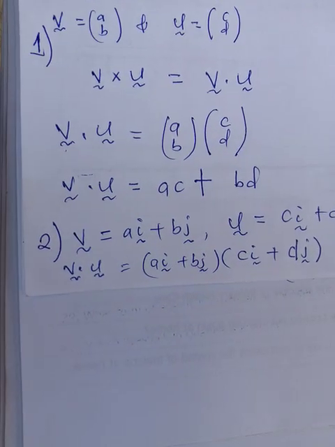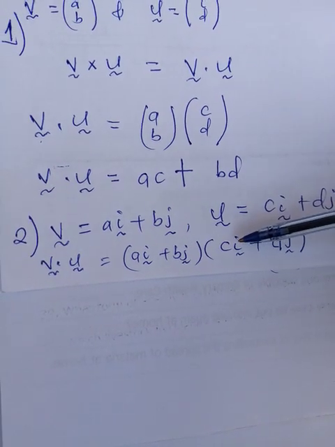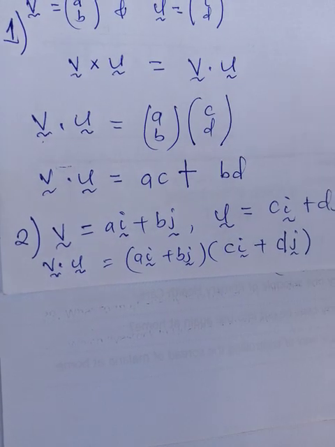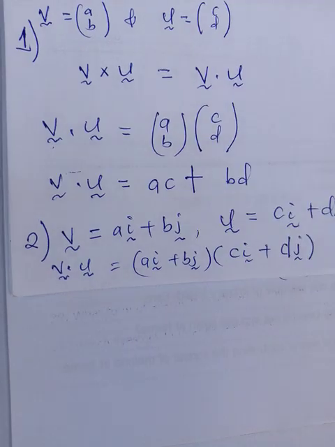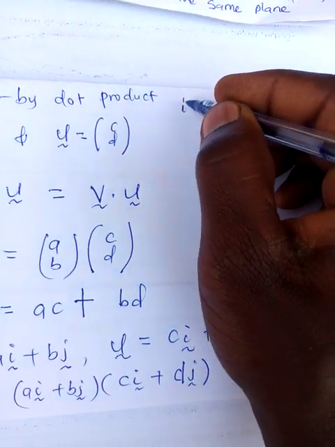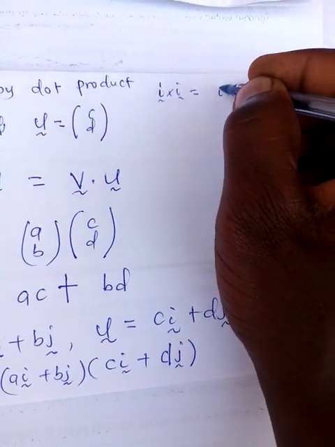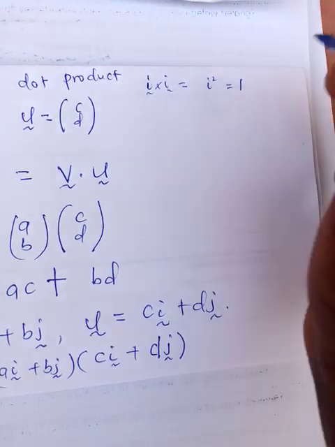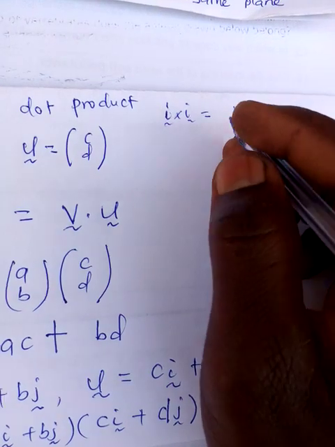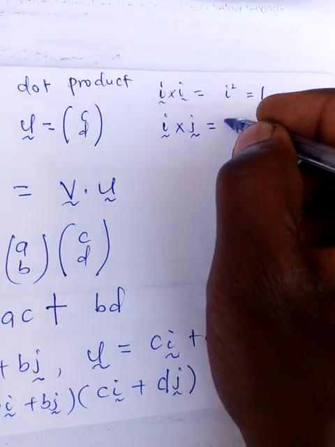What happens here is that I multiplies I and you get an answer. I times I, since I has a magnitude of 1, you will still get 1. So here you have to learn that I times I is equal to I squared, which is equal to 1 in vectors, but I times j, you get 0.